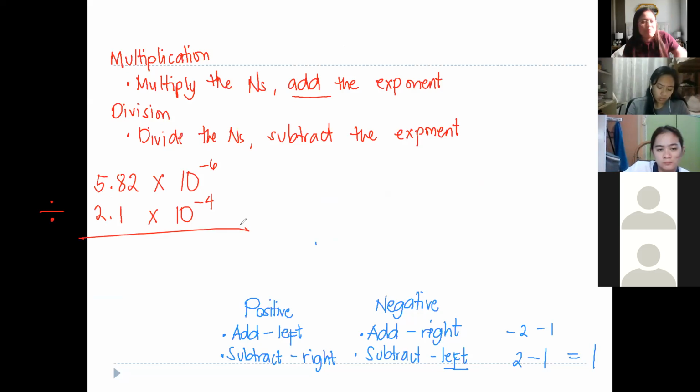Okay, 5.82 times 10 raised to the power of negative 6 divided by 2.1 times 10 raised to the power of negative 4.